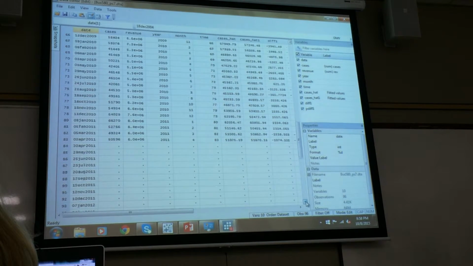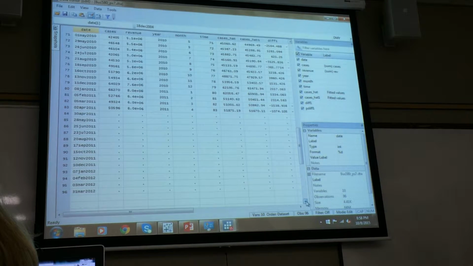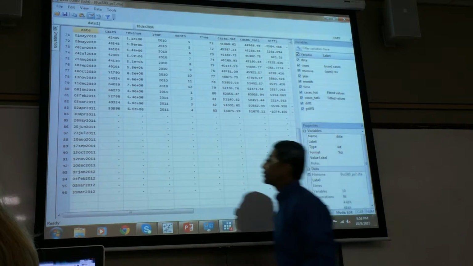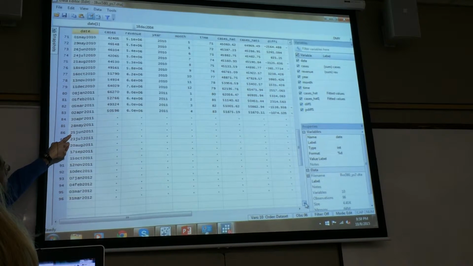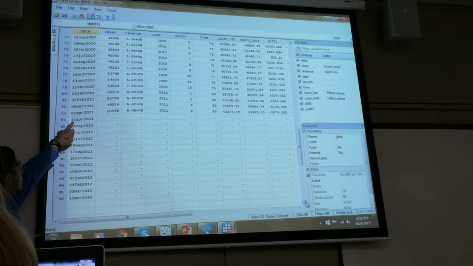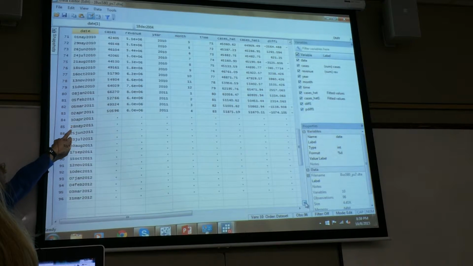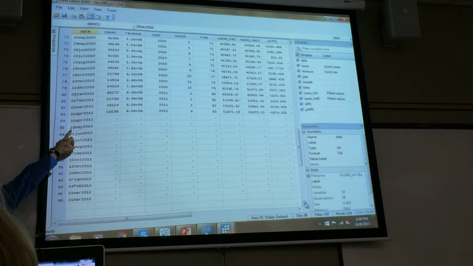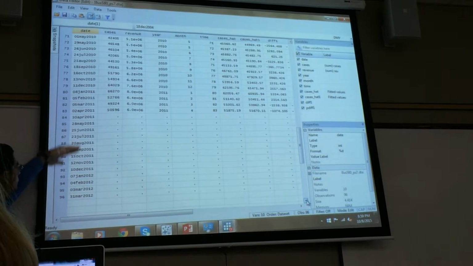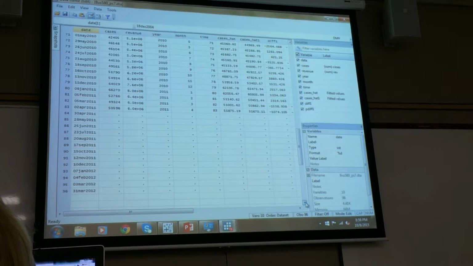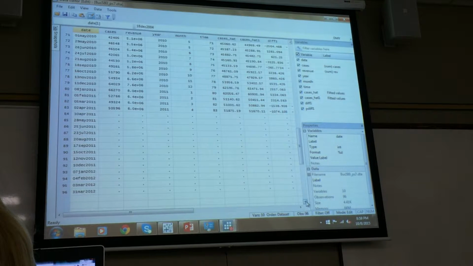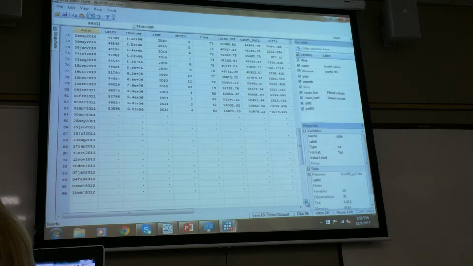How many periods do we have? Do the math. 28 days, 28 days later, 28 days. Well, this one's easy, because this one's April 30th, and this is 28 days later. So because we t-set the data and we told it that each period was 28 days, it's going to add 13 28-day, 4-week periods.